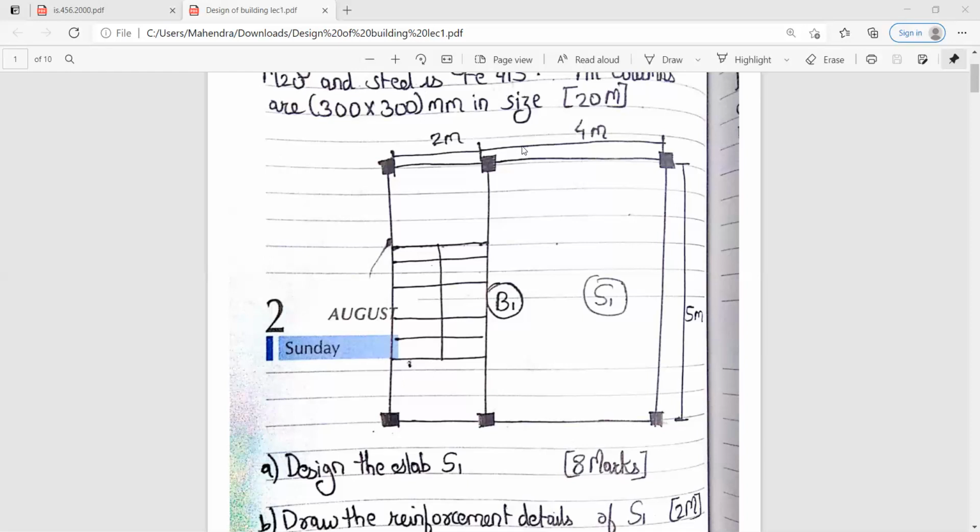Yes, it is from center to center. And the column size is given to you, that is 3 meter by 3 meter. Okay, done up till here. Should I scroll it down?